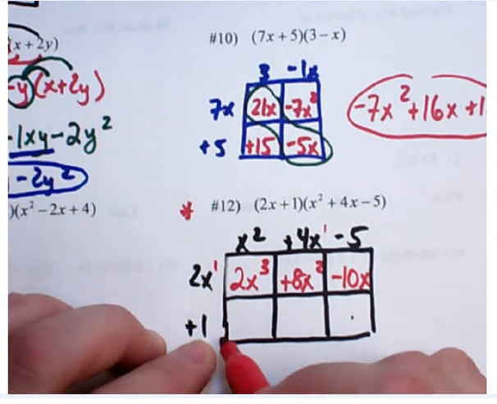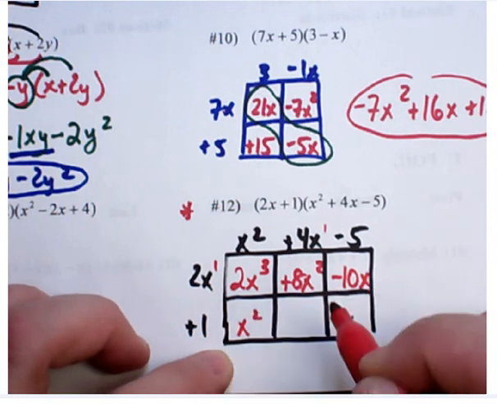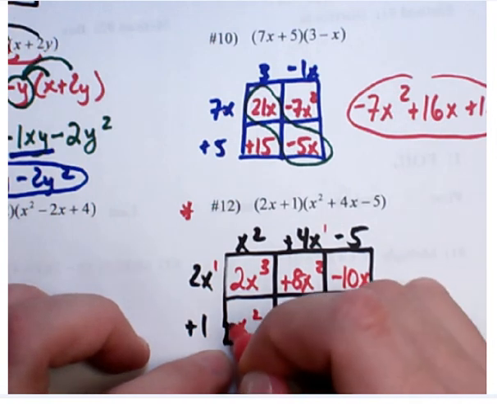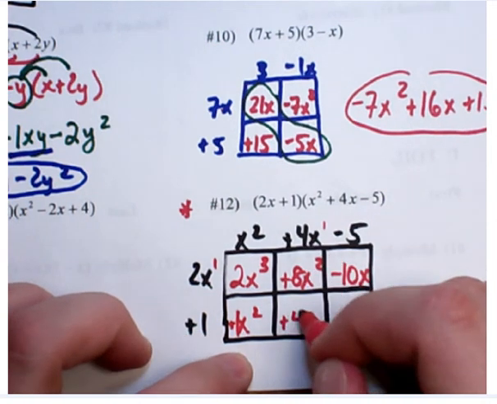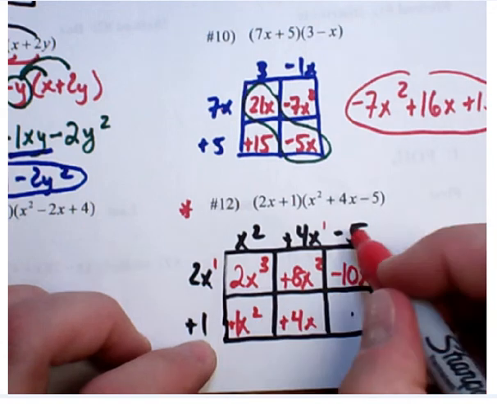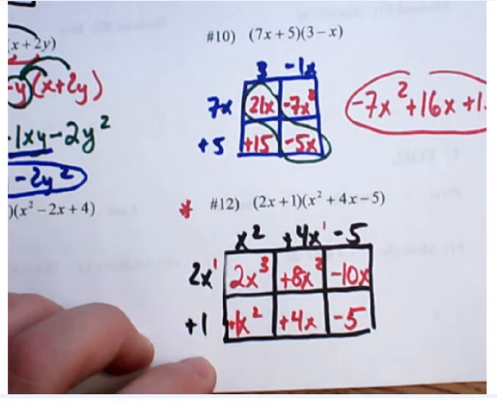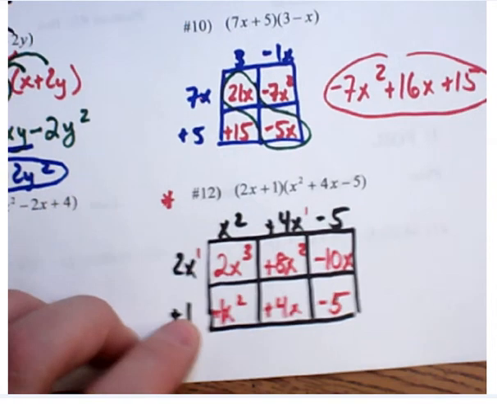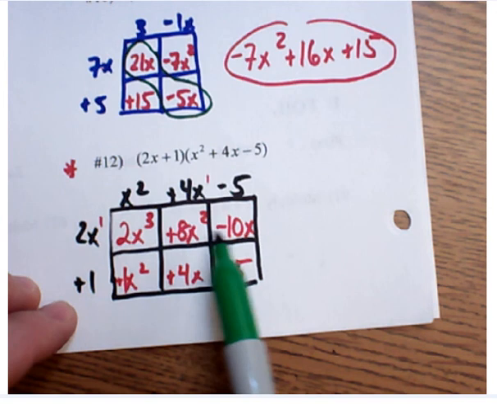Now we come down. This is 1 times x squared, so that's just 1x squared. Okay, and I could put plus 1x squared. 1 times 4x is positive 4x. 1 times negative 5 is negative 5. Okay. Now what can we combine? 2x to the third? Nope. There are no other x cubes.